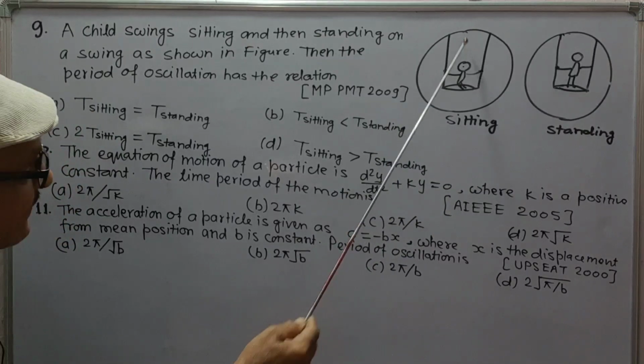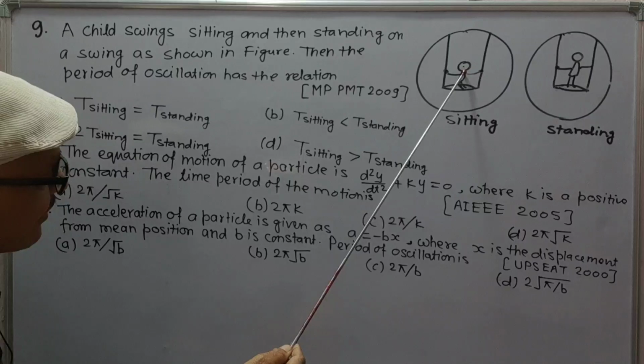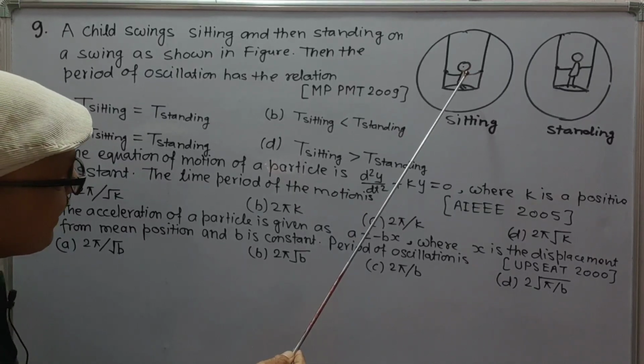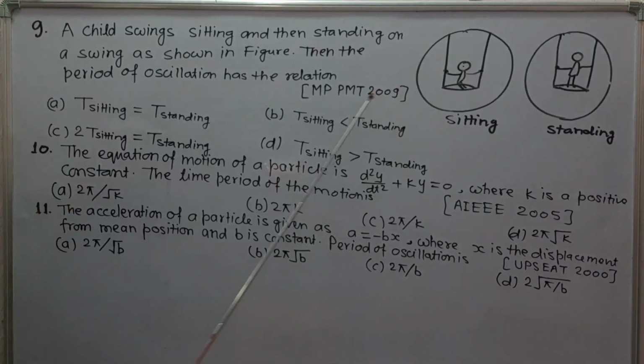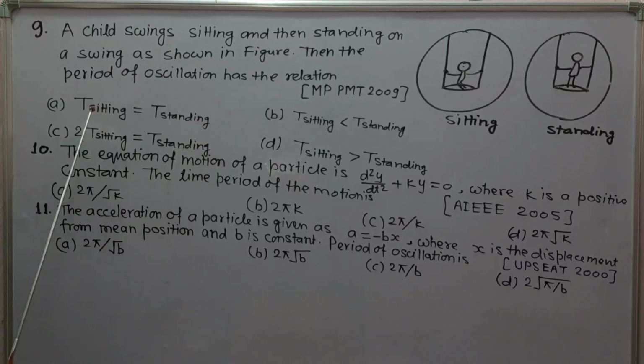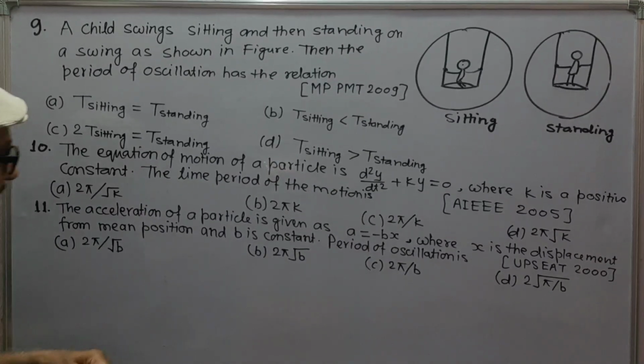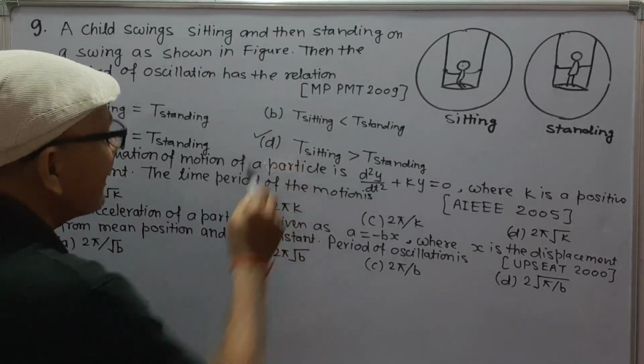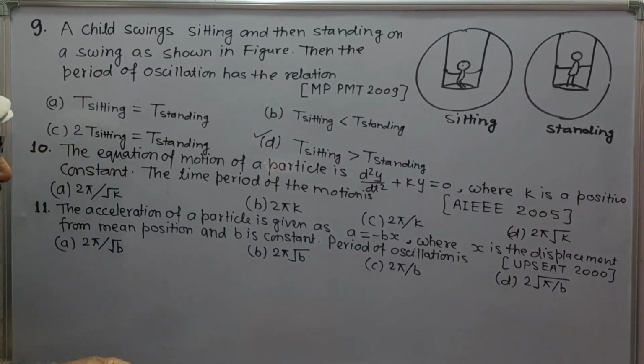So the effective length in this case will be more, and hence time period will be also more. So T sitting will be greater than T standing, means option D will be correct.